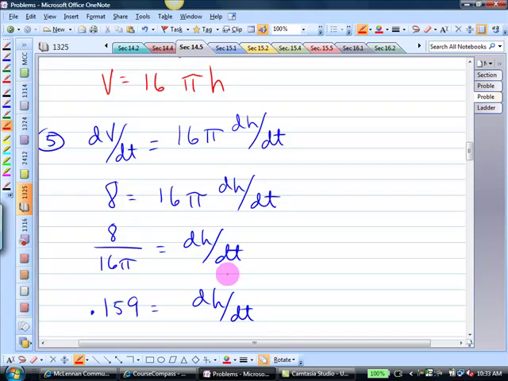Isn't that what we're looking for? How fast is the height of the water changing? So all you have to do is divide 8 by 16 pi, making sure that that gets divided as a single expression.